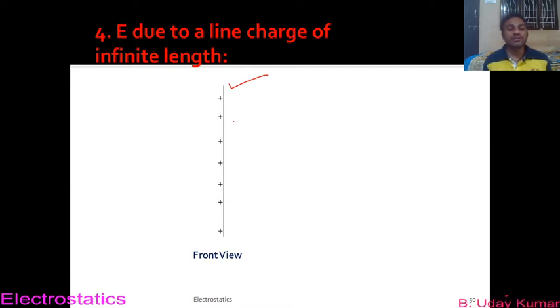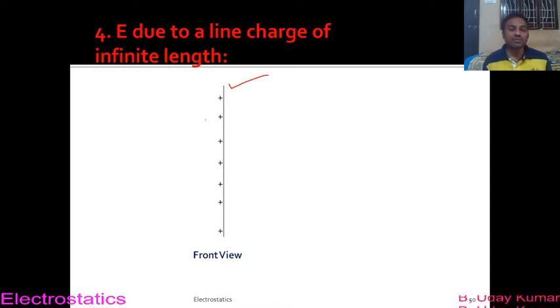The charge that is distributed on a line can be positive or negative. For convenience, I have taken the positive charge distributed on this line. As you already know, the electric lines of forces are directed outwards for positive charge.